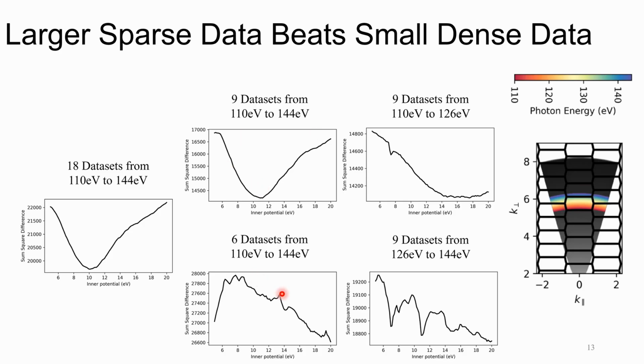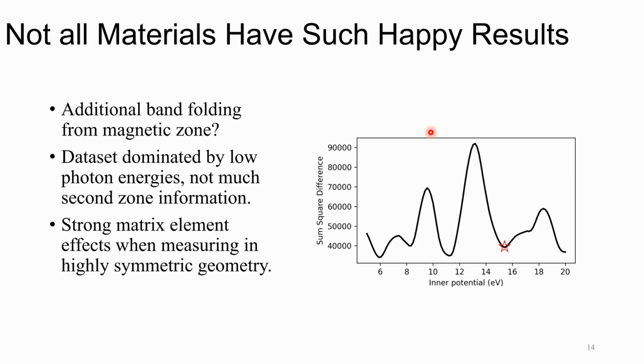Whereas if I space it out too far or only use the top or bottom half of the data set, it turns pretty noisy and bad. If I show now a different material, cerium cobalt germanium 3, Robert Prater has a poster out there if you want to get into the details of this material, but it has a lot more complexities in the data set.